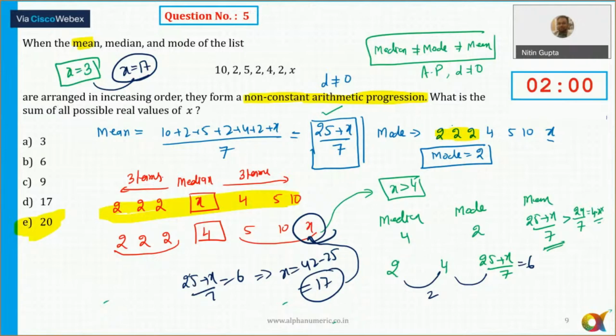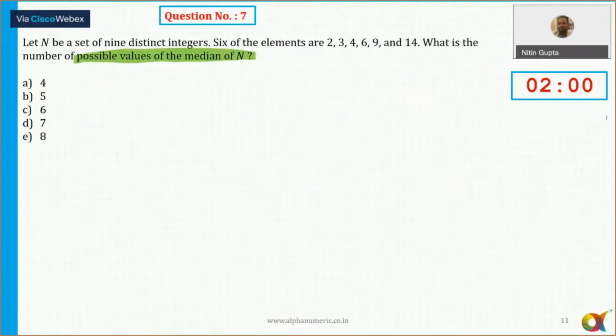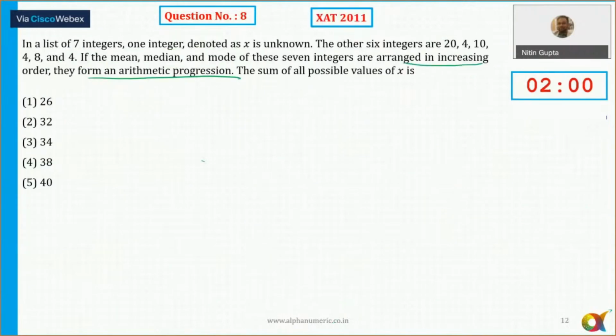Now I'll show you one question which I told you was asked in CAT XAT 2011. Just see. In a list of 7 integers, one integer denoted as x is null, and the other 6 integers are arranged in increasing order.